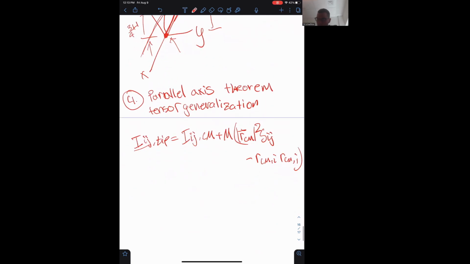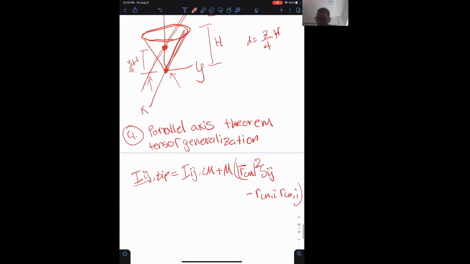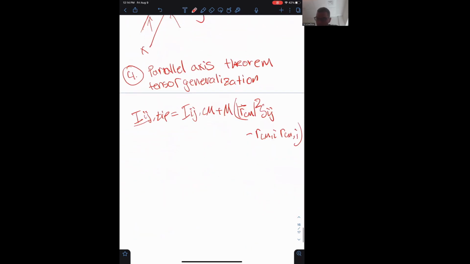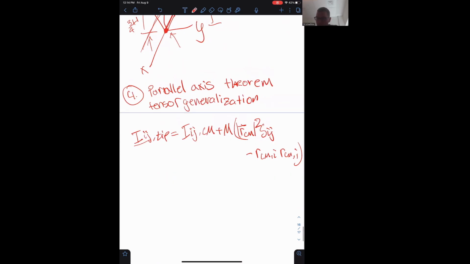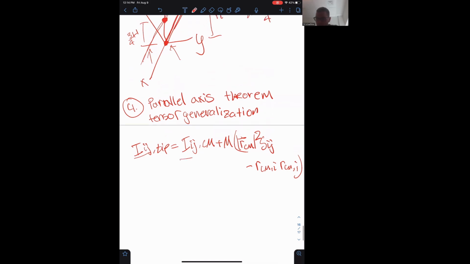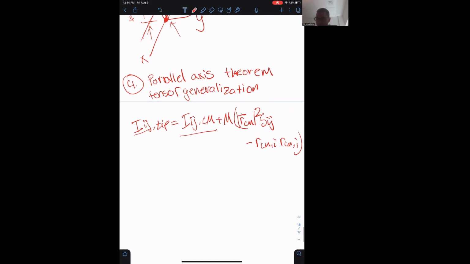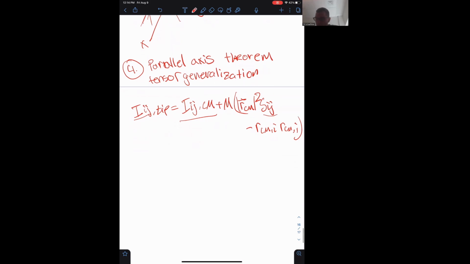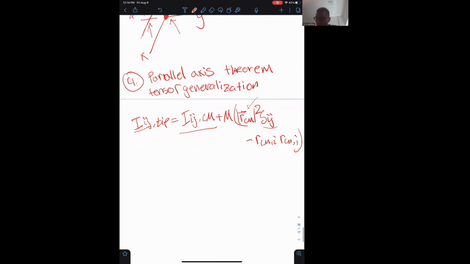That's what we're going to use to rearrange this formula and find the moment of inertia tensor through the center of mass. So again, we have a Kronecker delta function, and we know what the center of mass vector is.